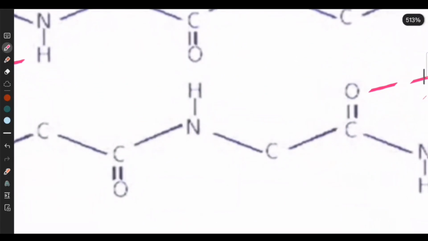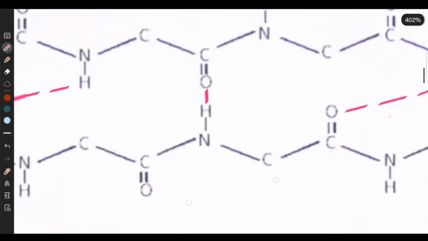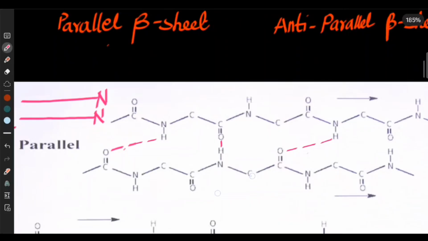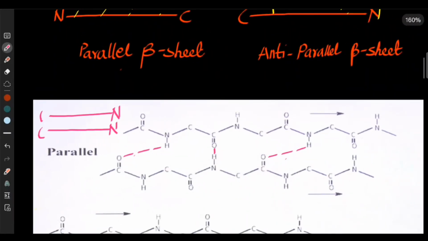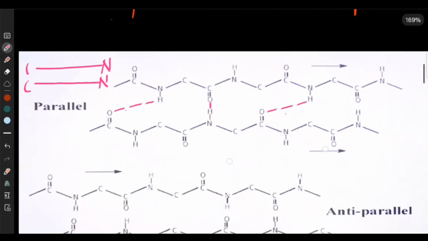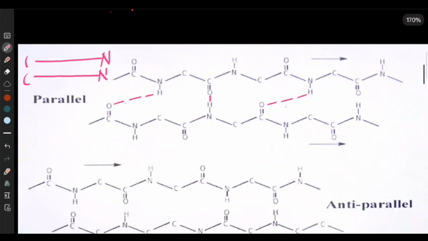Now you must be wondering that this is also one of the hydrogen bonds that could be formed, right? So in parallel beta sheets, not only inclined hydrogen bonds will be formed, but 180-degree hydrogen bonds will also be formed. But which will be more in number? The inclined ones will be more in number.